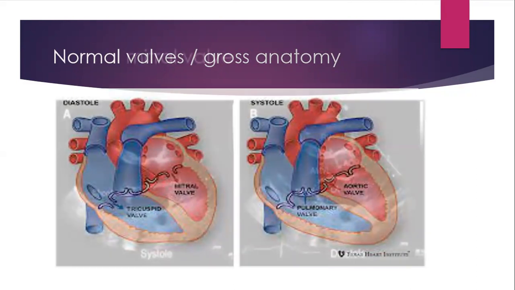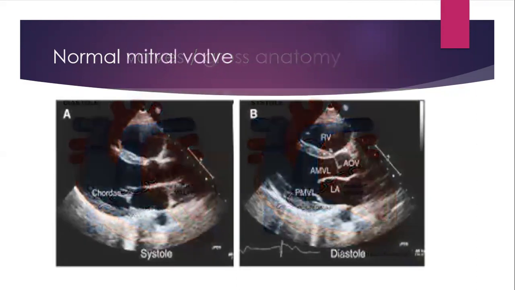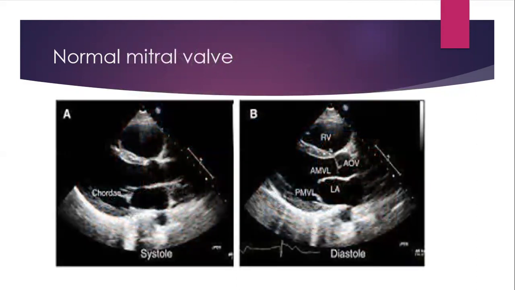Now, the normal mitral valve in diastolic and systolic in an echo perspective. In systolic, the mitral valve is closed. You can see the mitral valve there.